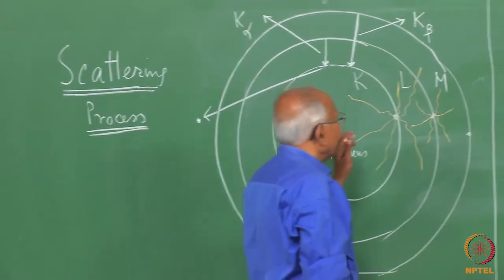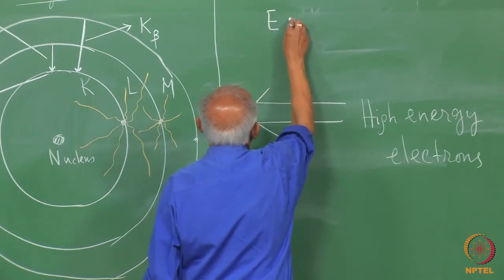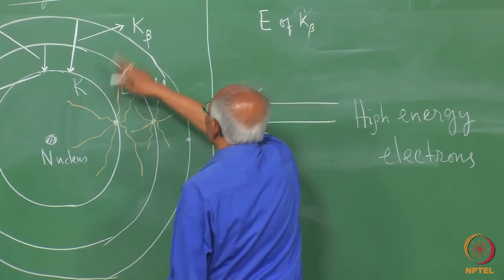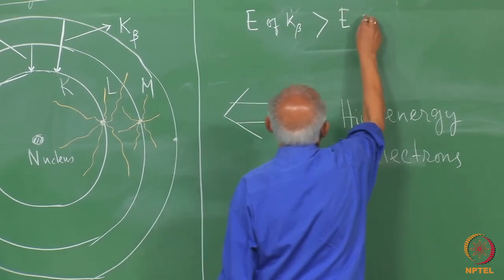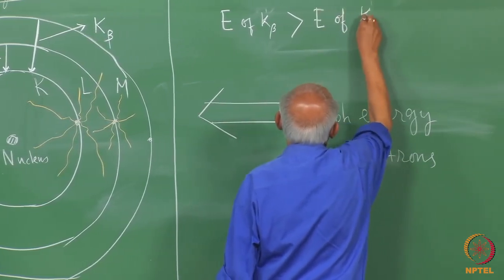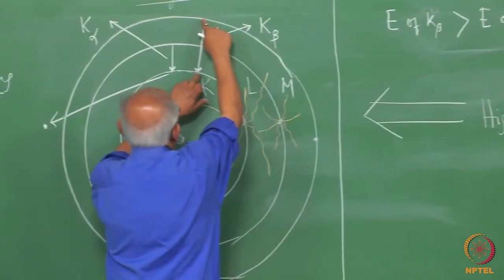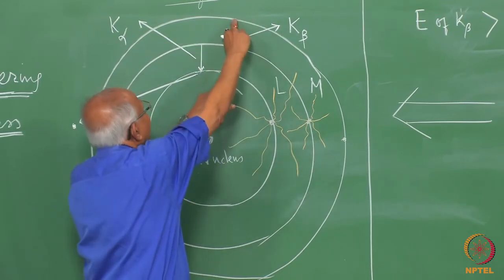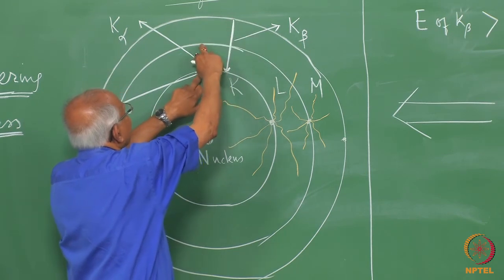The energy of K beta radiation, as you can see over here, is much higher than the energy of K alpha radiation, because in this case the amount of energy the M shell electron has to give away is much larger, because the energy difference here is much larger than over in this region.